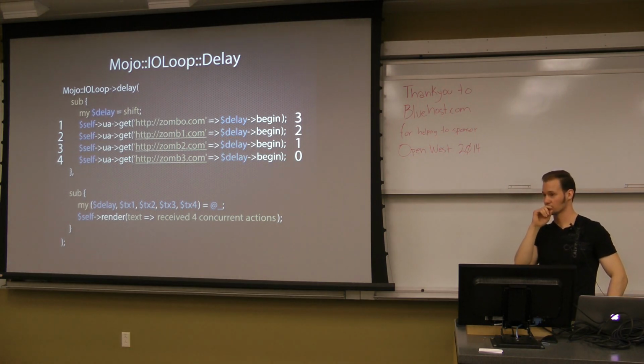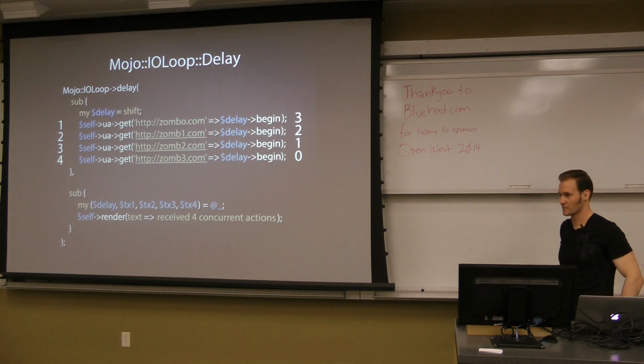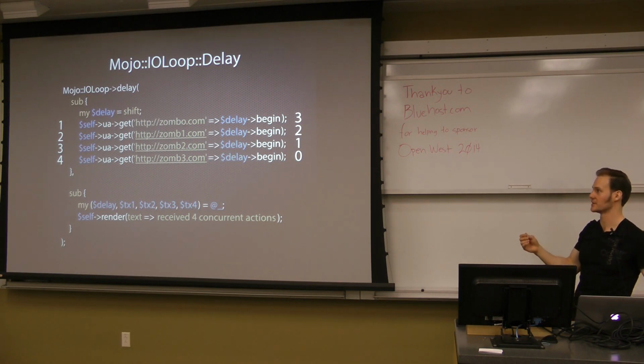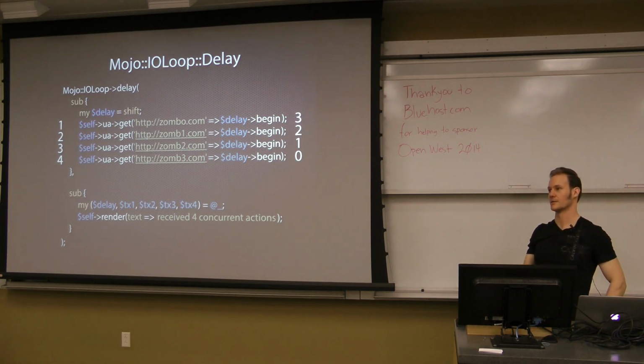Just to clarify, the elements that come in that array in the second sub block, the first one's going to be the delay object, then the rest of them are going to be the return values from each delay-begin call that you issue in the previous step, right? Yes, they're going to be the return values put into the sub. So it's the response to that network request.